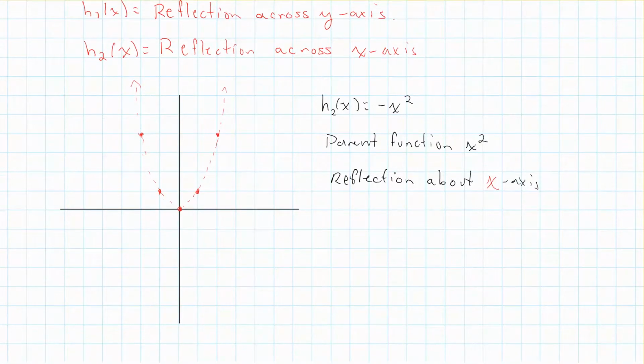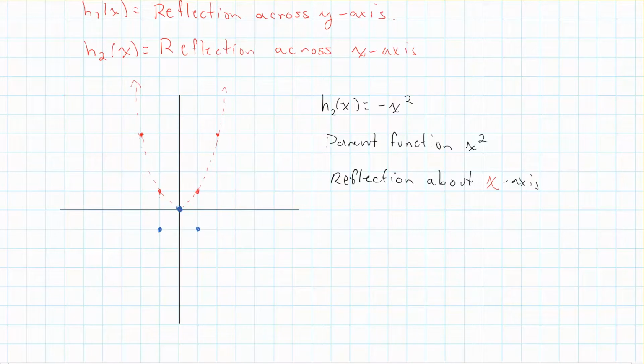Alright, so if we do this reflection across the x-axis here, we literally take every point and the y value becomes just the negative of it. So every point is just going to get flipped about the x-axis. Now the origin flipped about the x-axis doesn't move, so this point right here is going to still stay there, but this point would move down to here, because all we're doing is making the y values negative.